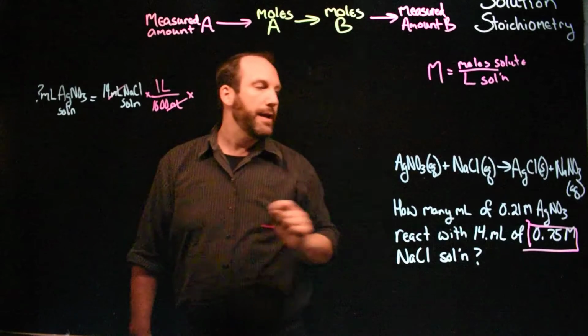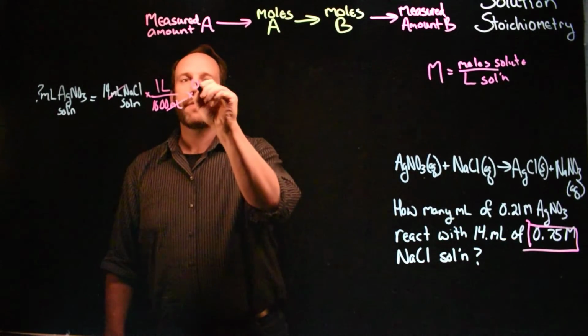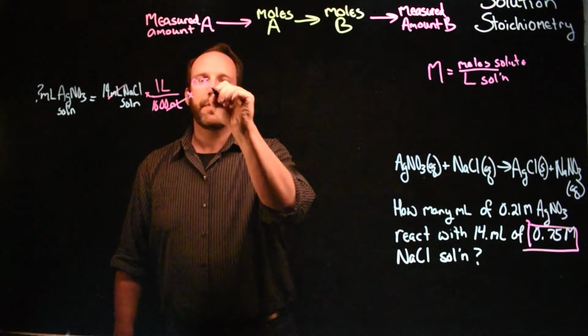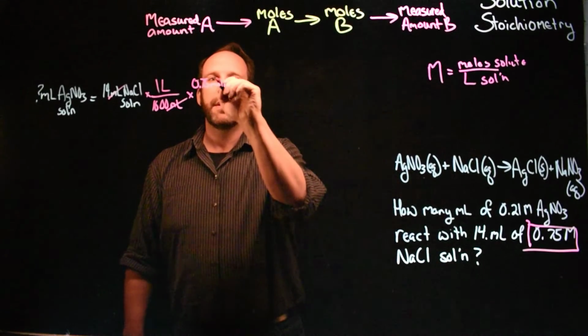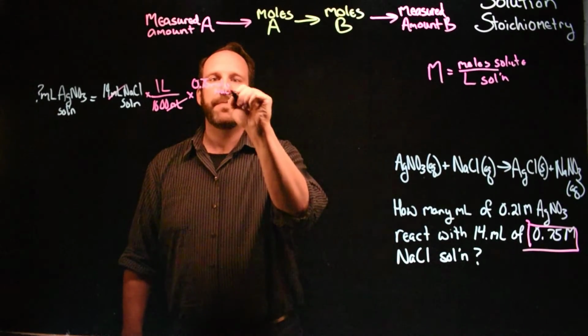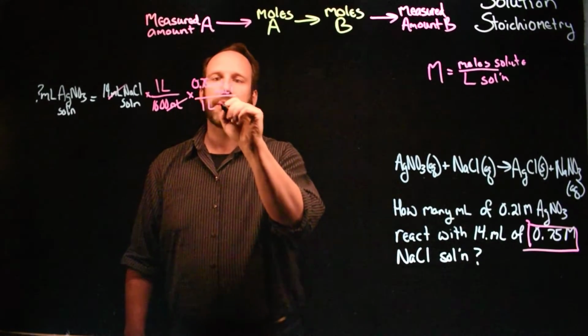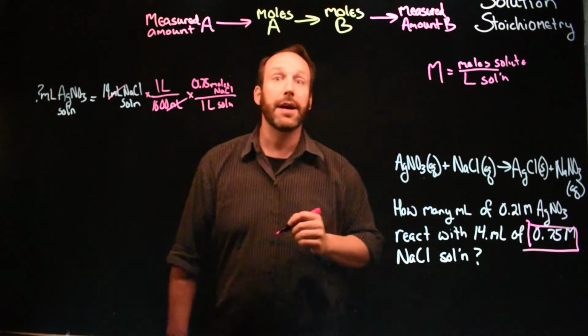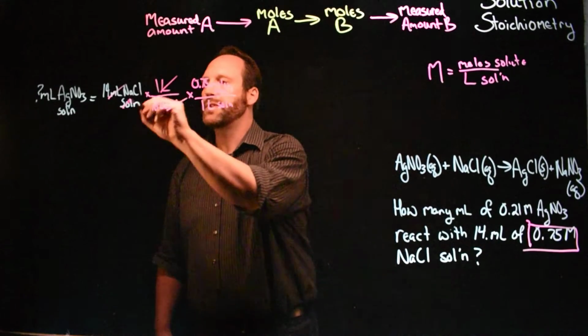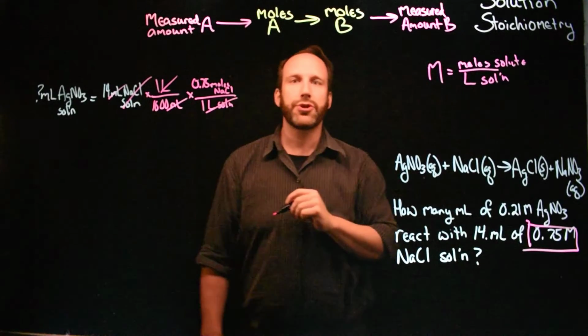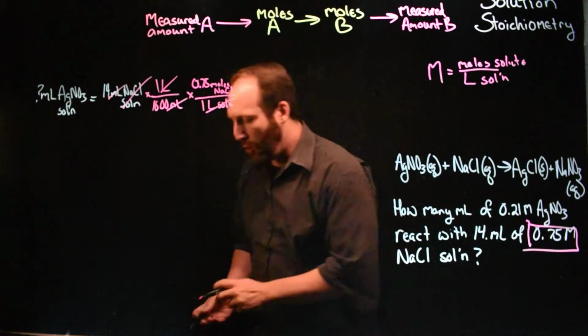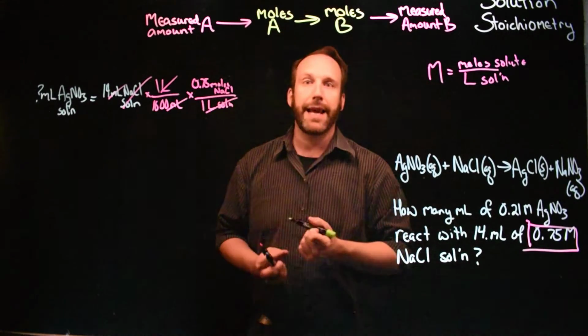And so we can say that there are 0.75 moles of NaCl in 1 liter of that NaCl solution. So liters of solution and liters of solution cancel. Now we're in moles of A, or moles of NaCl.